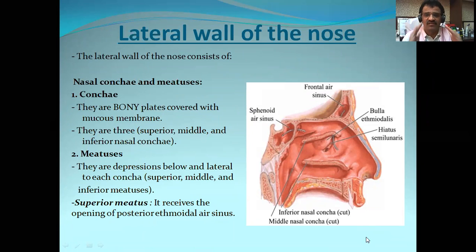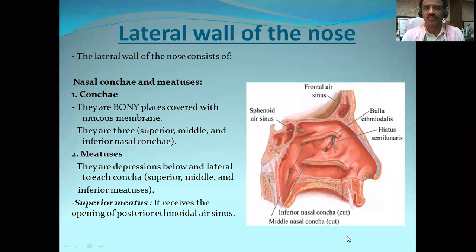Now the lateral wall of the nose means one nose will have two lateral walls and one septum in between the two nostrils and nasal cavities. There are three conchae and meatuses.